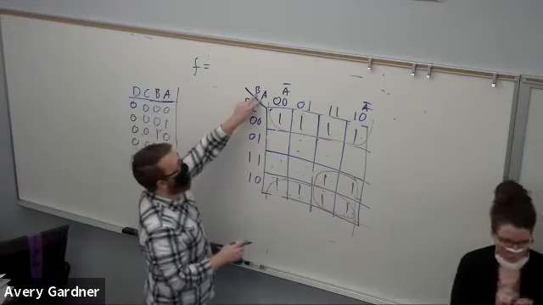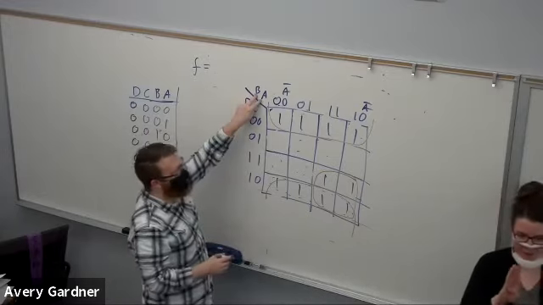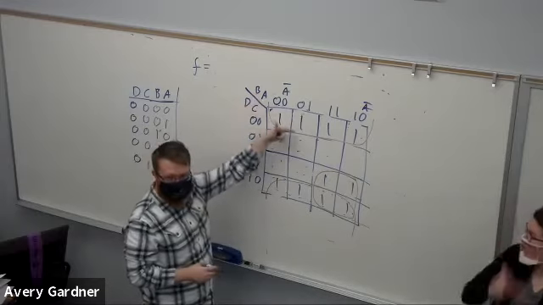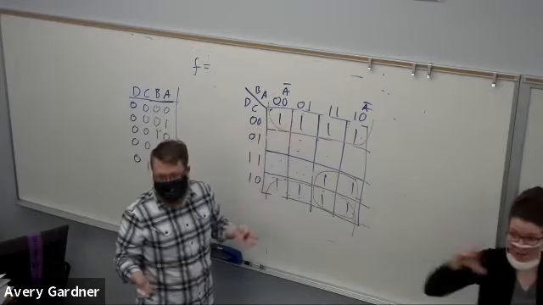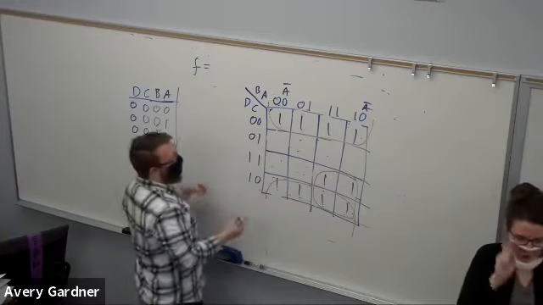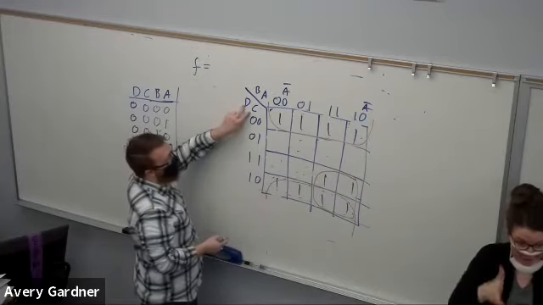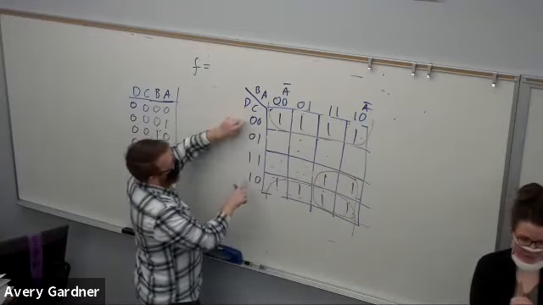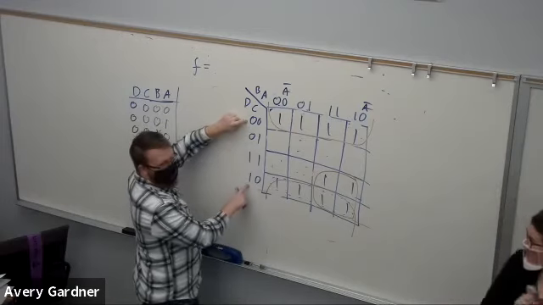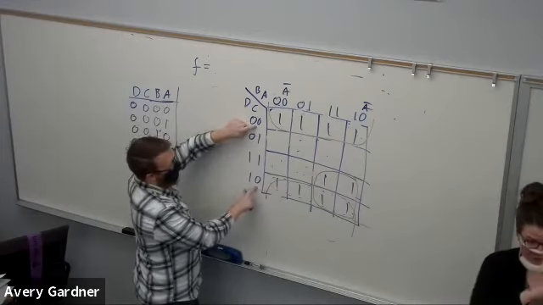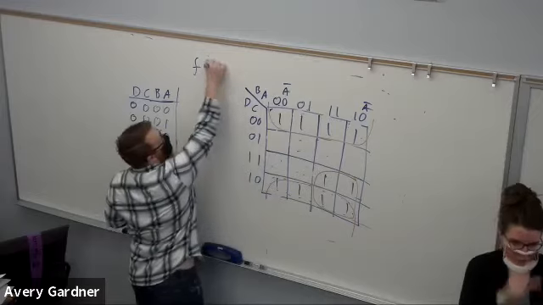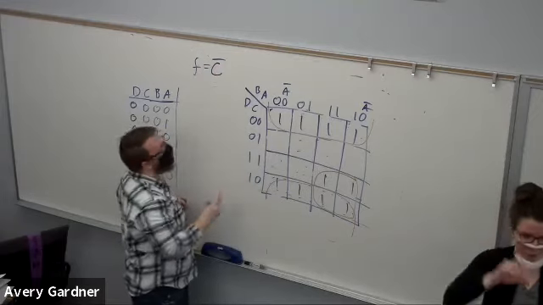Let's start with the AB column. Well, if I'm spanning all of A and B, the whole horizontal, they're both going to change. They have to. So the only things I could have are C and D. Well, D changes from 0 to 1. The C doesn't, and it's a 0, so it's a C bar.